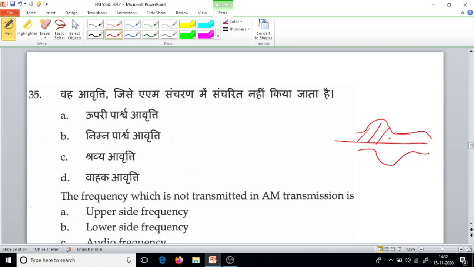The upper part and lower part contain the same information. So we need not transmit both the upper and lower parts of the modulated wave. Normally they will cut off the lower side frequency, they won't transmit it.